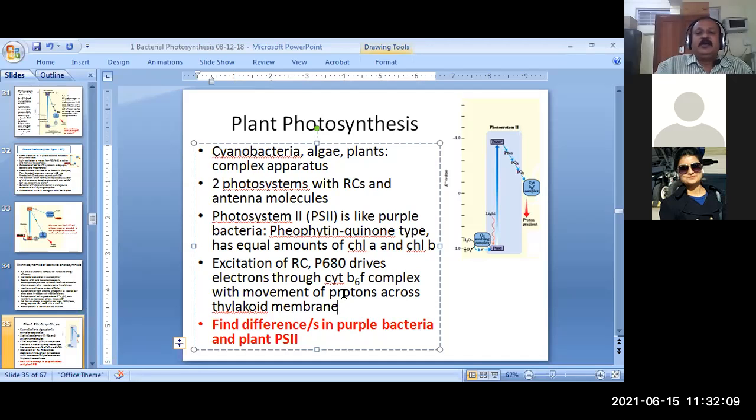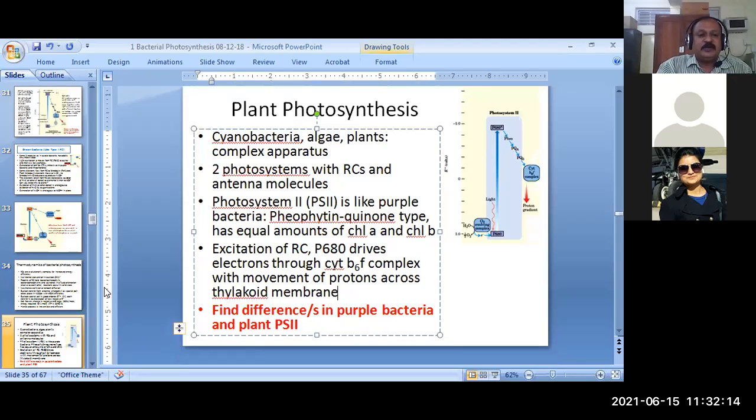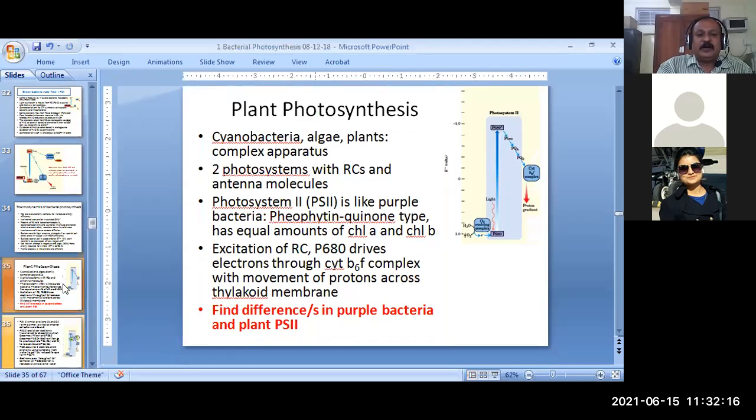Is it okay? So let me see if I have an enlarged version of this. I don't think I have. So I'll try to magnify this slide.